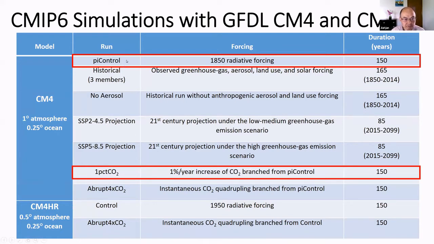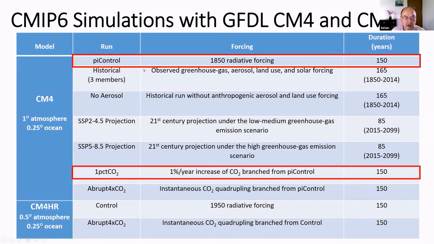They include the pre-industrial control, the historical simulation, and the SSP 21st century projection, and also the idealized 1% per year CO2 increase experiment and the abrupt 4 times CO2 experiment. For the CM4 HR, both the control and abrupt 4 times CO2 simulations have been performed.